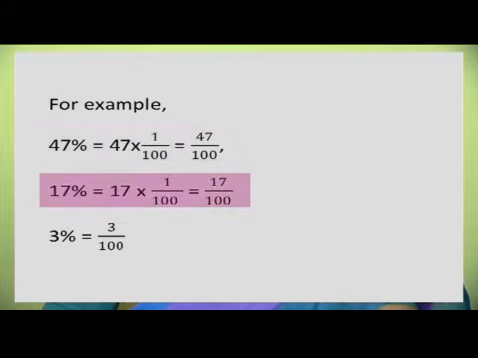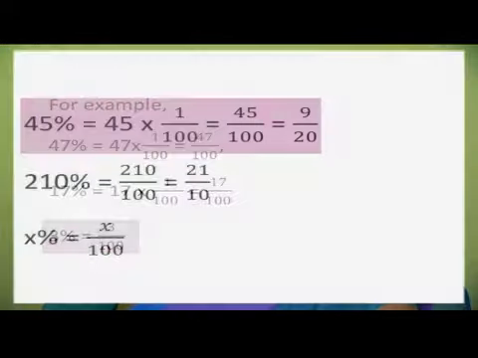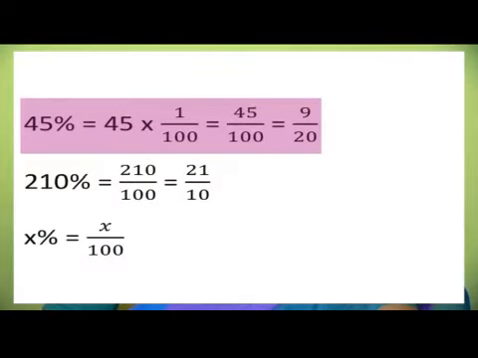Similarly, 17% equals 17 × 1/100, which is equal to 17/100. In the same way, 3% is equal to 3/100, and 45% is equal to 45 × 1/100, which is equal to 45/100, and after simplifying, 9/20.